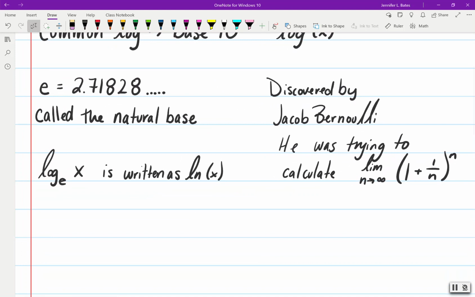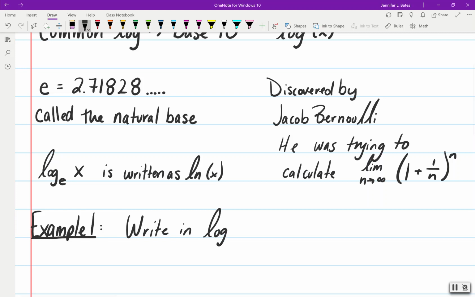All right, so we've got a new log base E, or the natural log. So what we're going to do, we're going to just jump right into an example. So we'll call this example 1. And example 1 says write in logarithmic form.